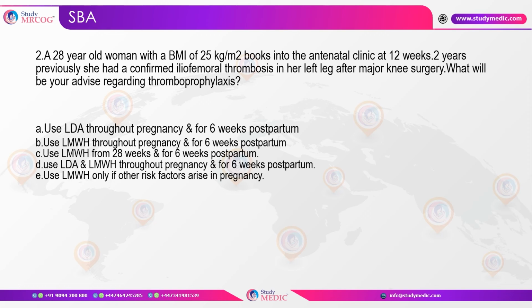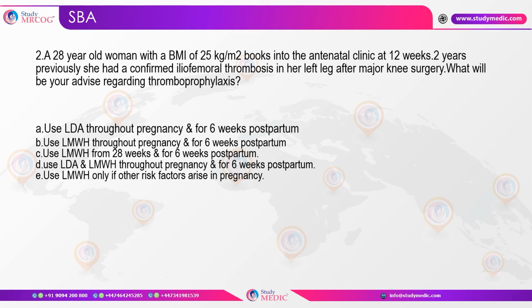Now, if you see the scenario carefully, this woman's age is 28, so her risk score is 0. BMI 25, also the score is 0. But she has a provoked iliofemoral thrombosis, so her score becomes 3.